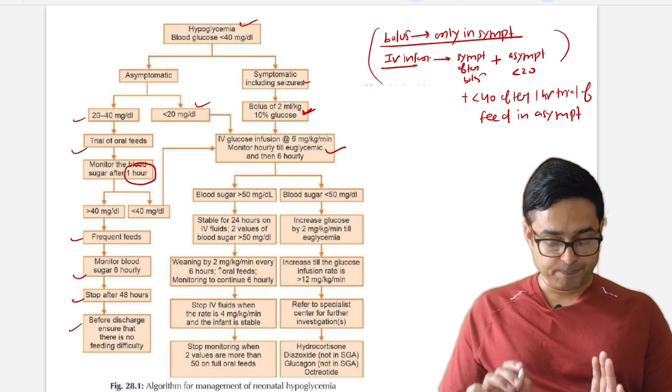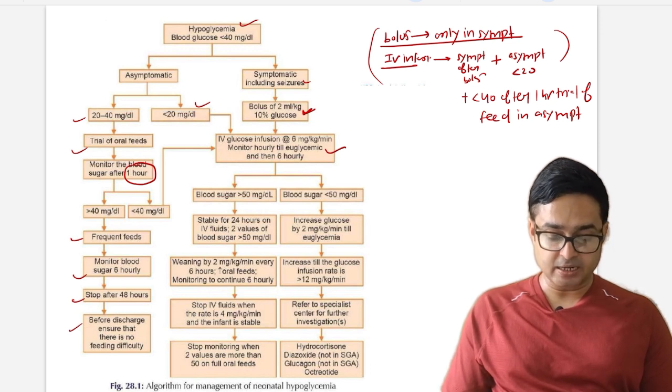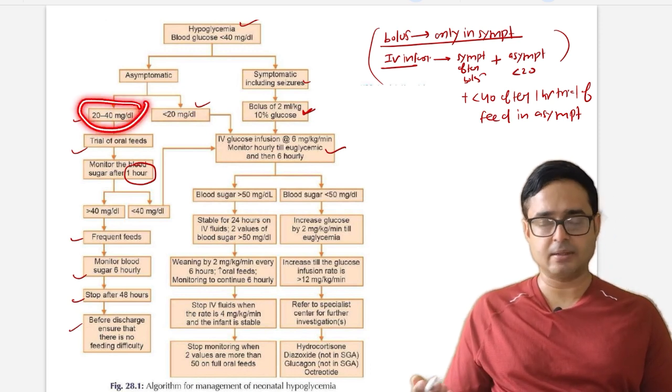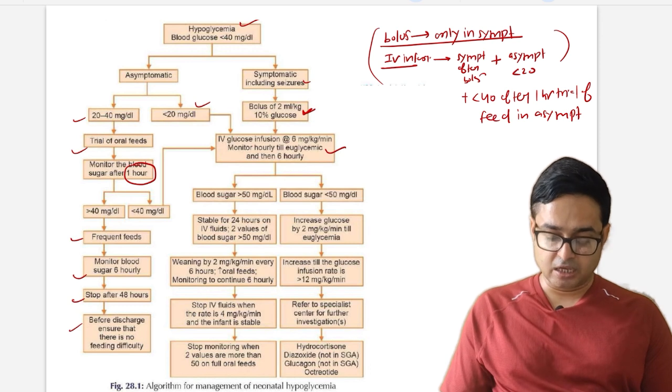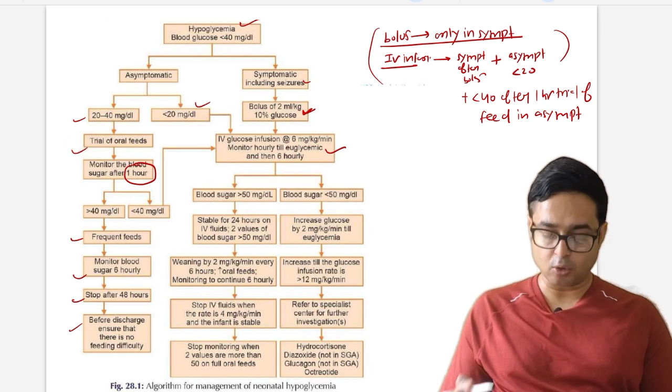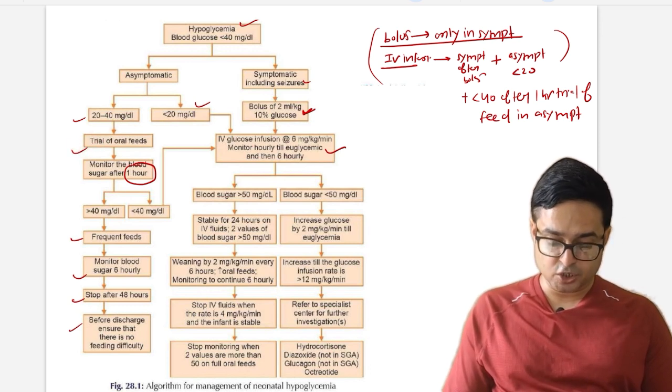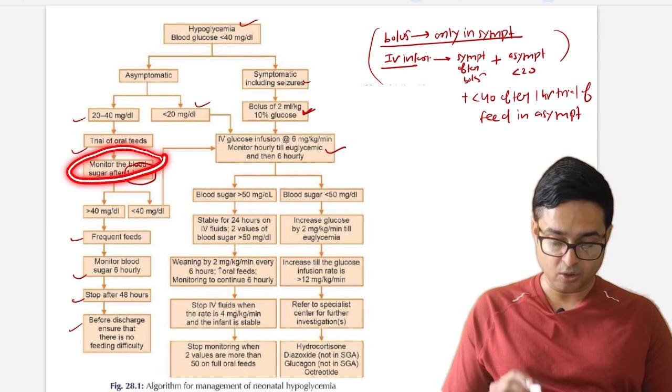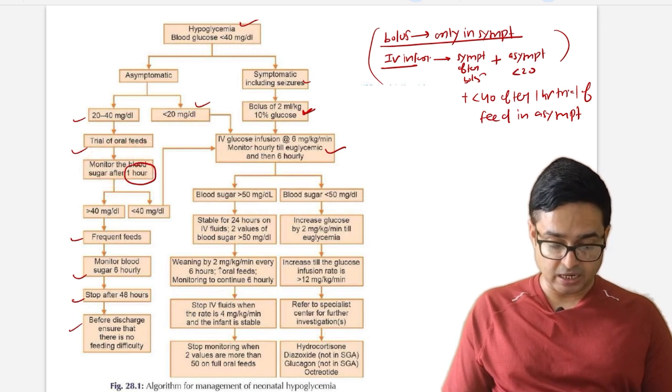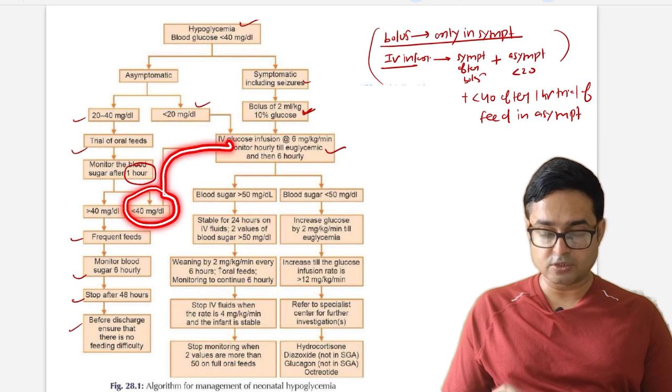But if the asymptomatic neonate's sugar is 20 to 40, let's say it is 30, give oral feeds and monitor blood sugar after 1 hour.